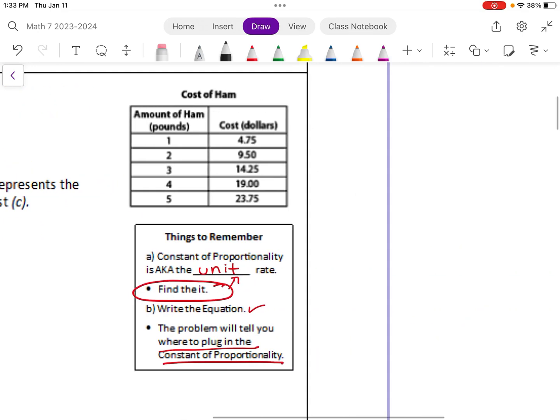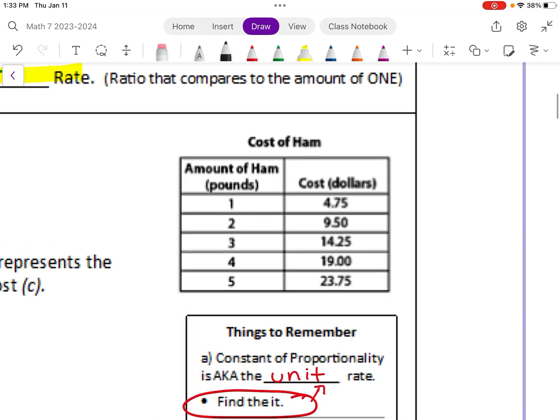Okay, so let's take a look at our table. This table is describing the cost of ham per pound. For example, a 2-pound ham costs $9.50. A 5-pound ham costs $23.75.